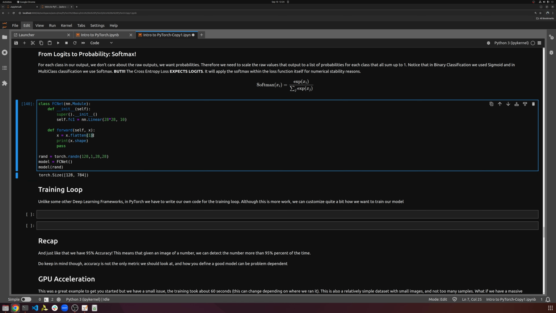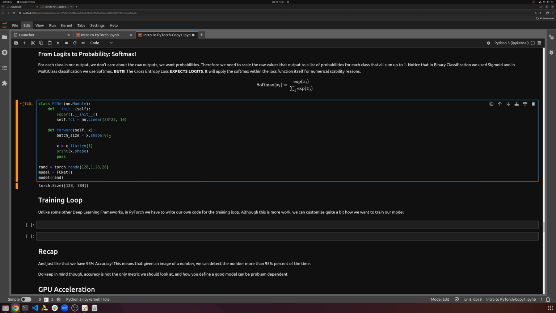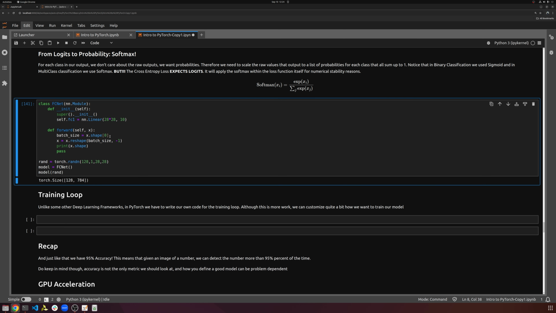Or we could do it this way: batch size is equal to x.shape[0], that's our batch size, 128. And we can do x.reshape(batch size, -1), everything else. Both of these are valid ways of doing it, however you want.